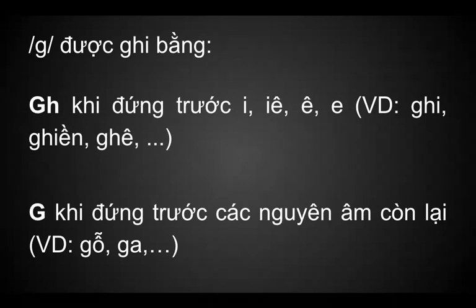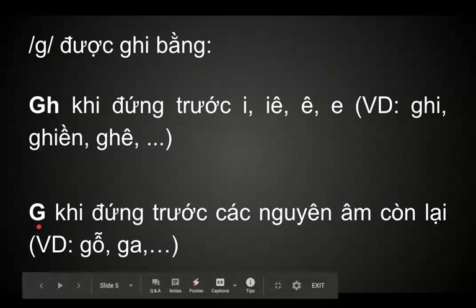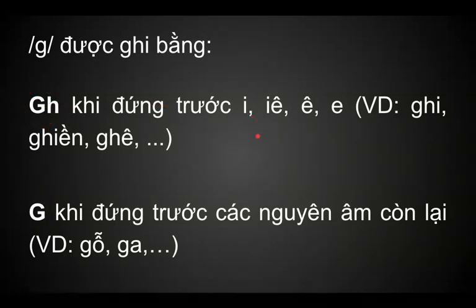And this rule applies to several of the consonant clusters, actually. The sound G can be represented by Z hat or Z. We use Z hat if we have the following vowels right after the Z hat.